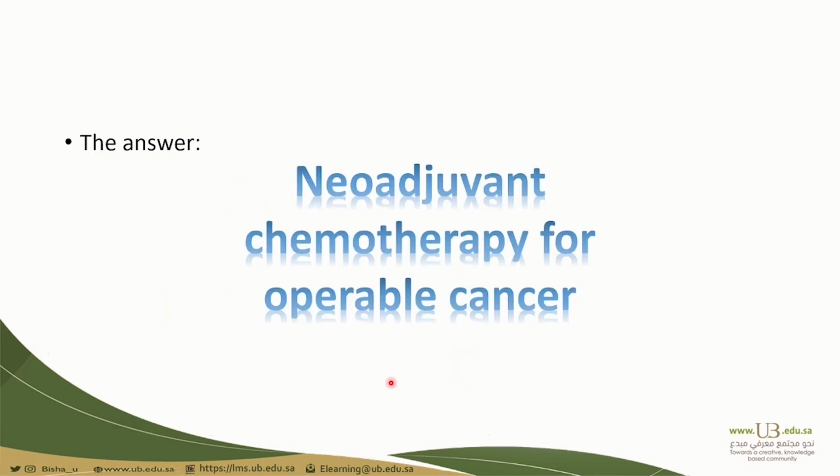Yes, I can give this patient neoadjuvant chemotherapy, which is chemotherapy we give pre-op, and for operable breast cancer, because neoadjuvant chemotherapy is indicated for patients who have locally advanced breast cancer or inflammatory breast cancer. But here we can say neoadjuvant chemotherapy for operable breast cancer.